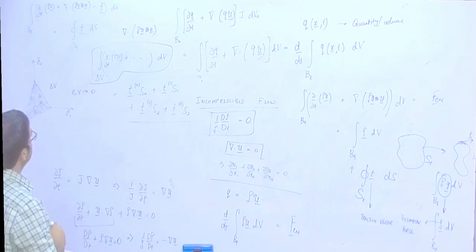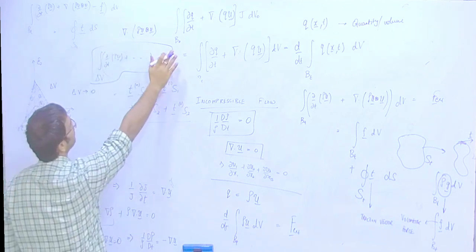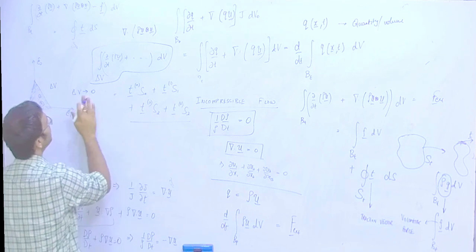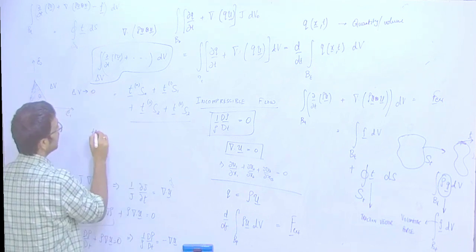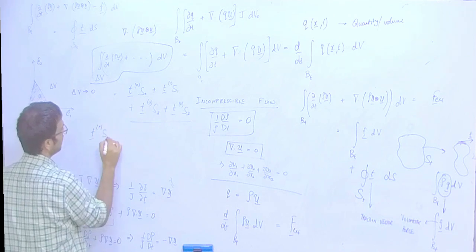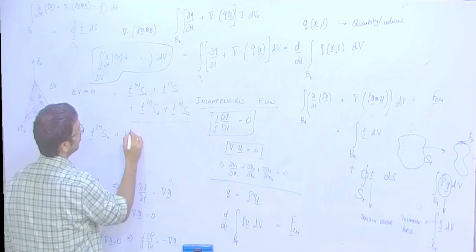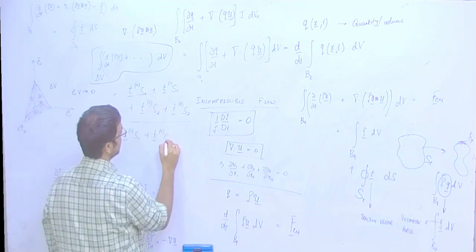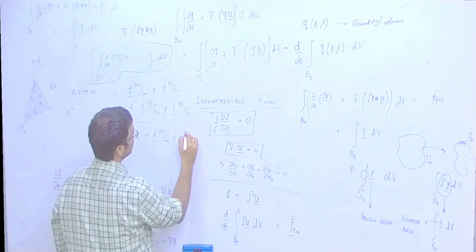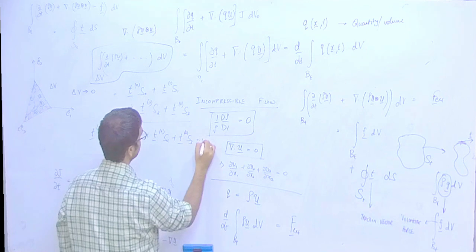Assuming that holds, our integration in the limit delta V goes to 0 is actually equal to 0, and we are left with T of n S n plus T of 1 S 1 plus T of 2 S 2 plus T of 3 S 3 equal to 0.